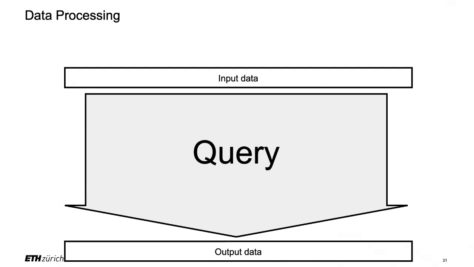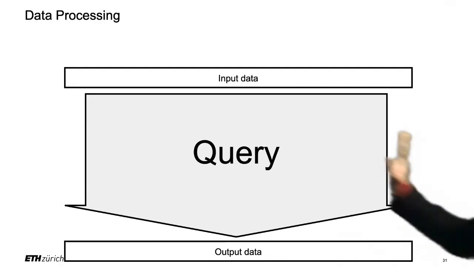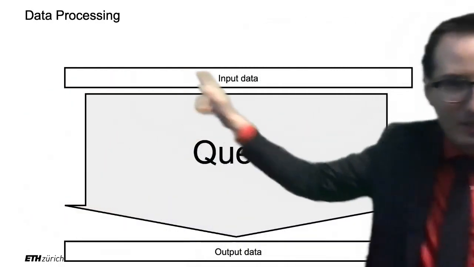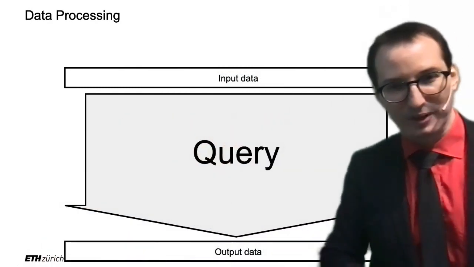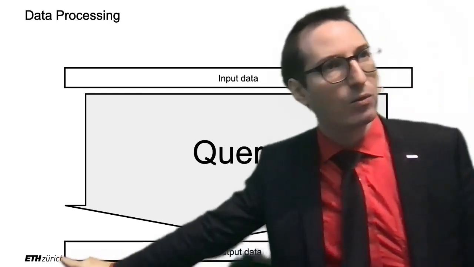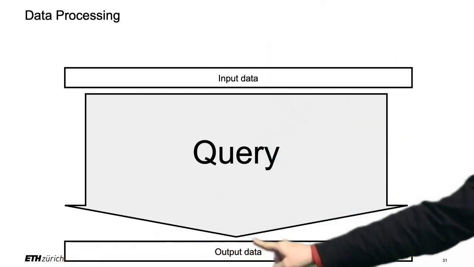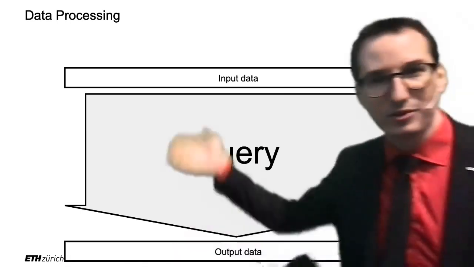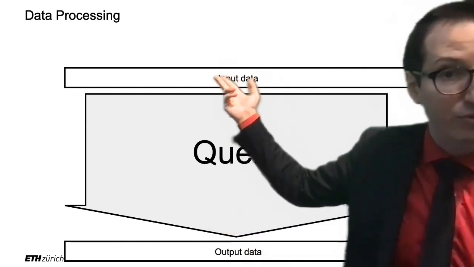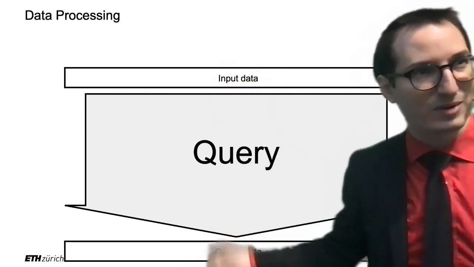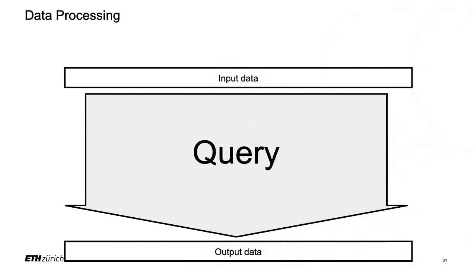This is pretty much what a query does. But here I just put a black box, right? This might be billions here and billions there, and we need to execute that query. By the way, the output data will be back to HDFS or on S3 or in HBase or wherever you want, right? You can even read from HDFS and write back to S3, or you can read from S3 and write back to HBase, right? Any combination is possible, right?